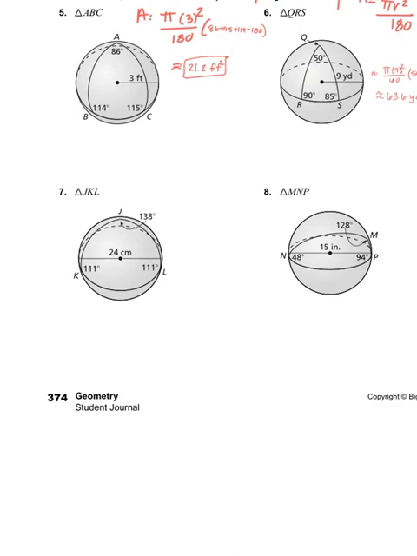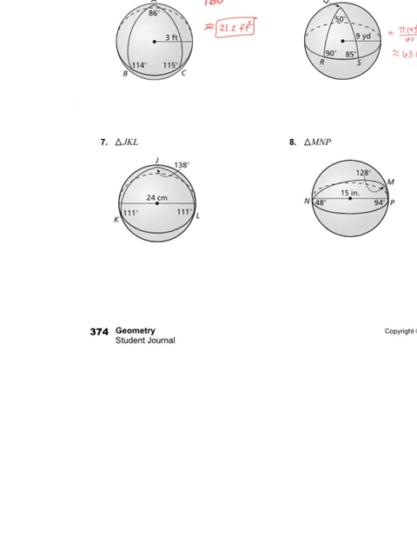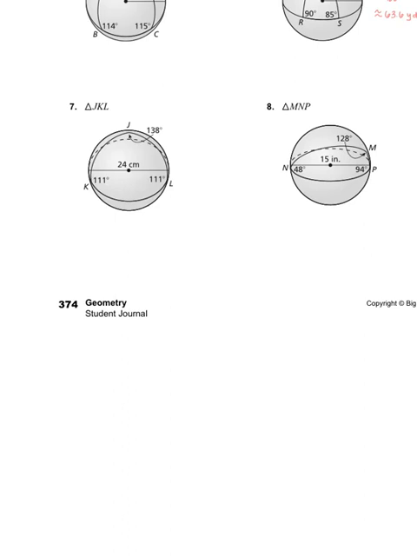Alright, you guys should have tried these next 2, so let's go ahead and do this. For question 7, we're given the diameter. Obviously, we need the radius. The radius is just half of that, which is 12. So again, I have my area equals pi times 12 squared over 180, and then times the sum of my 3 angles minus 180.